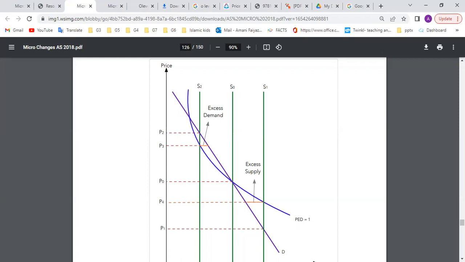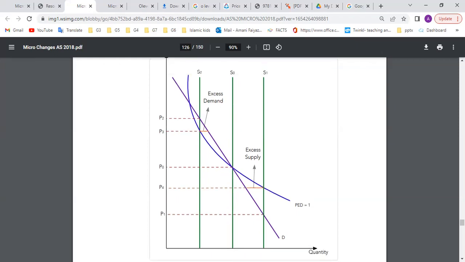Okay. Now, look at this diagram, and I think this will explain a lot. This is our ideal supply. This one, let me make it with red. Ideal supply curve.